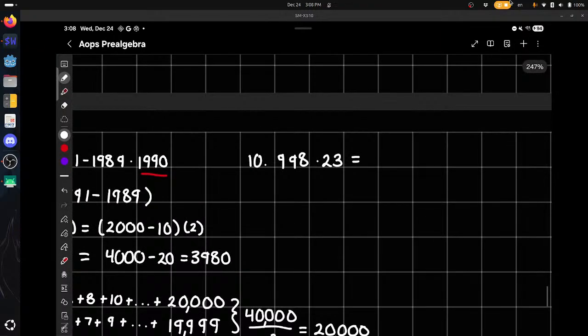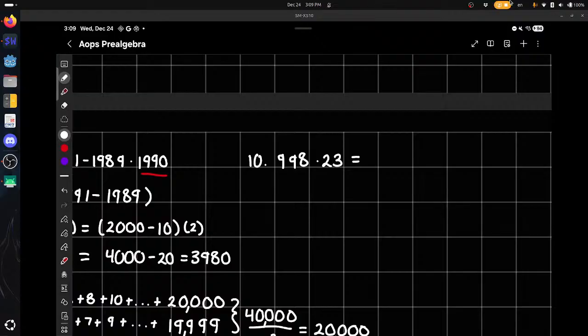Okay. And, okay, so we gotta do this in our head. So if we take 998, that'll be 1,000 minus 2, so that'll be 23,000 minus 46. So that's 23,000 minus 46.